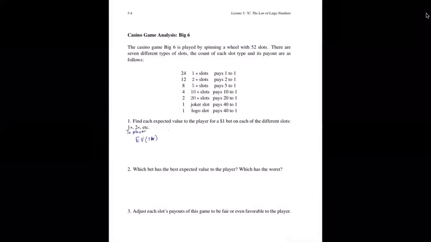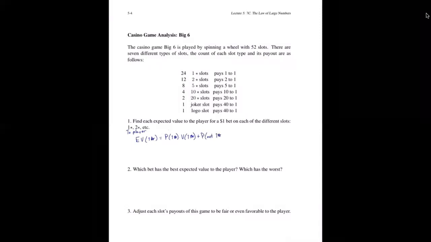The probability of a 1-star slot times the value of a 1-star slot, plus the probability of not a 1-star slot times the value of not a 1-star slot.